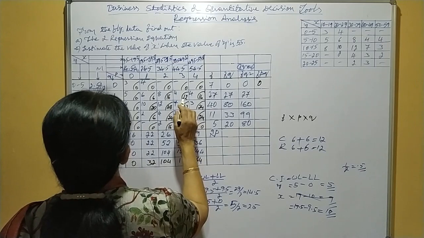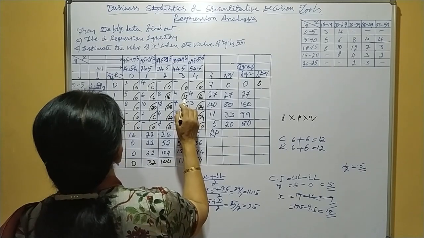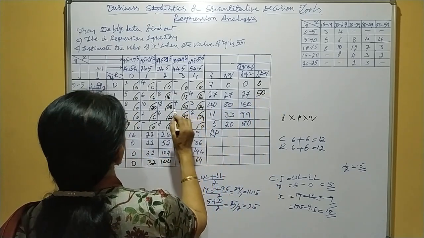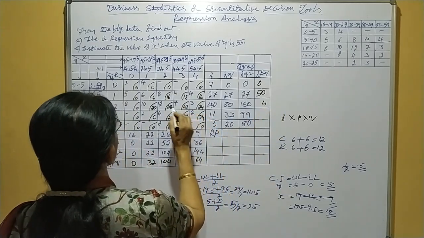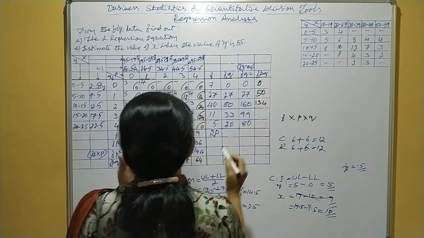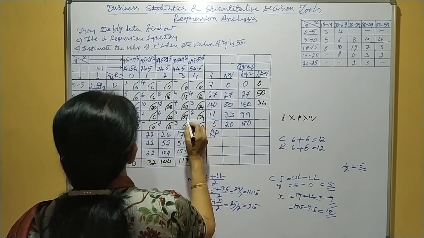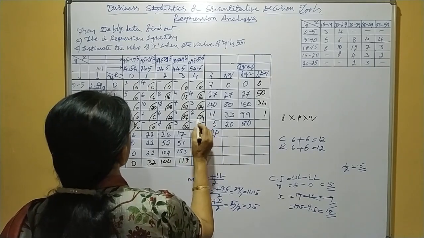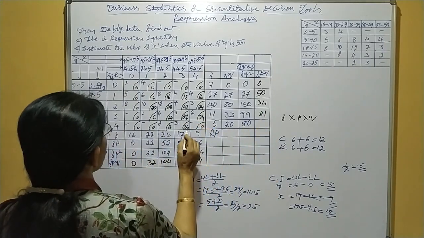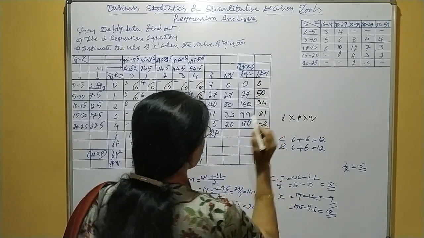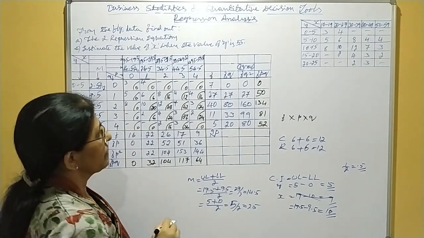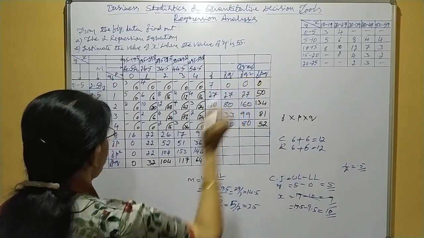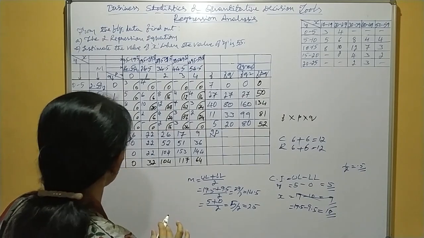Now, 50, 134, 81, 52. Okay. Now you have to take the total of fq square, fpq, then fp square and fpq.